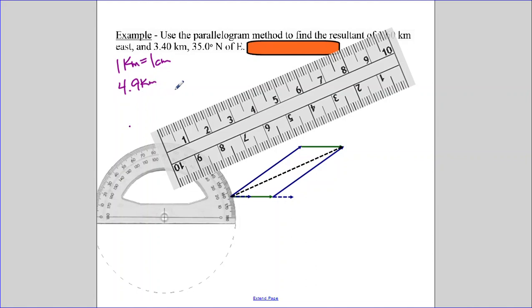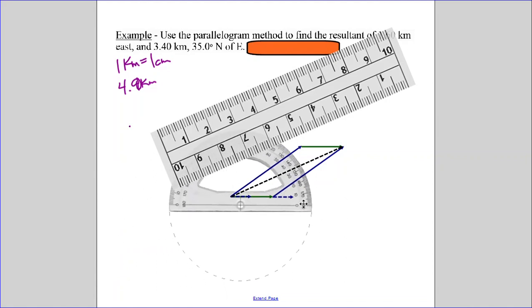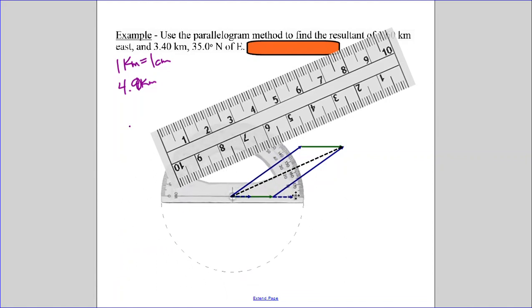Now, in terms of measuring and accuracy, I really should go 1 digit further with this, so I'd say 4.90, because we always go 1 digit past whatever the smallest measurement is in our measuring device. So I'd say our next thing now would be to take my protractor. I'd set this up on my starting point, and I'm going to try to measure what this angle looks like.